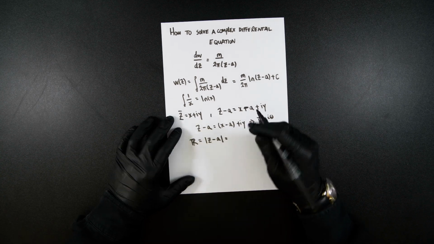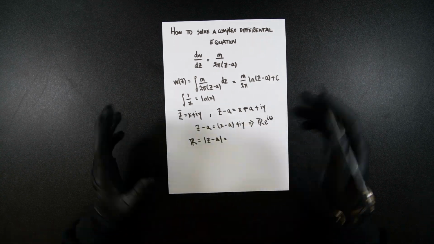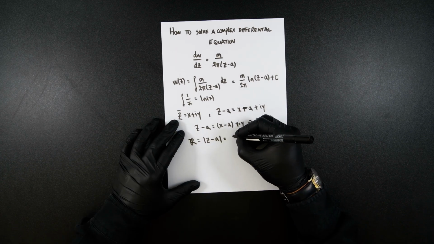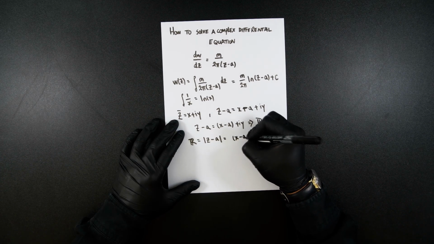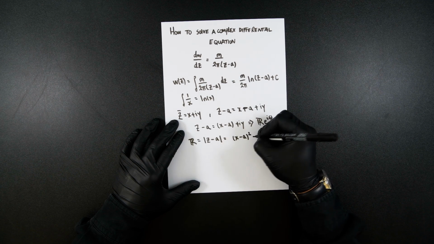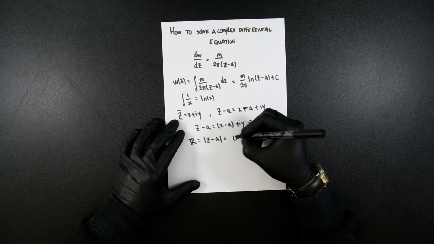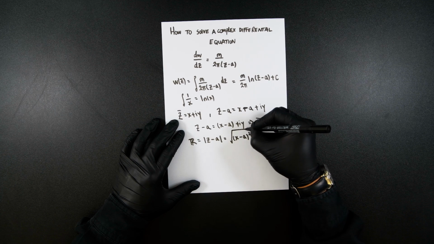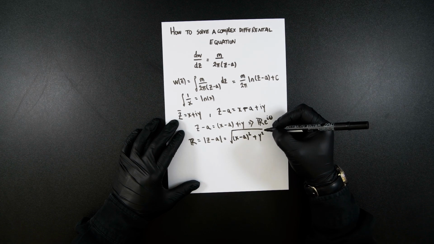If you want to find the magnitude, you square each term and then square root the whole thing. So that's just going to be x minus a all squared plus y squared, all square rooted.